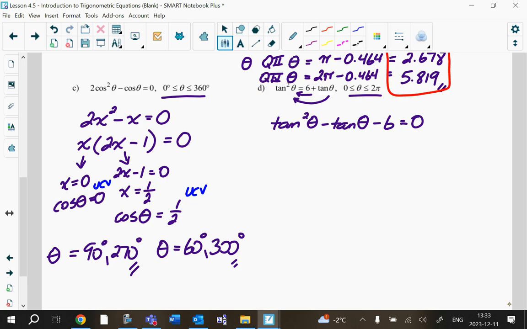You don't have to replace it with x if you don't want to. You can factor it exactly like it looks. Like I said, I just find it a little bit easier to see without the tan thetas or the sine thetas or the cos thetas. This is a trinomial.